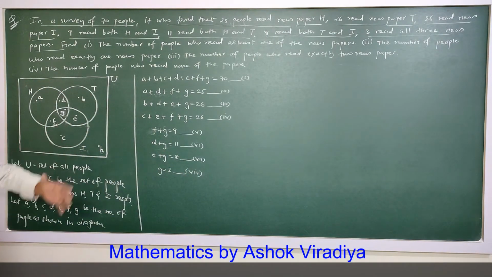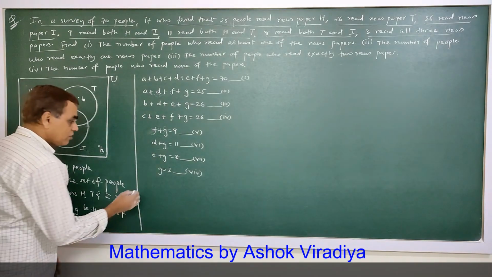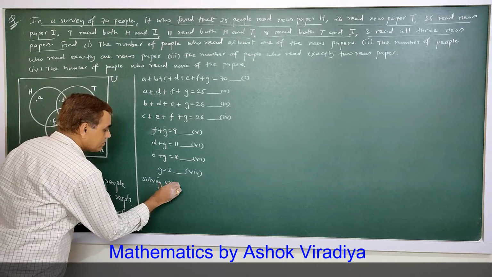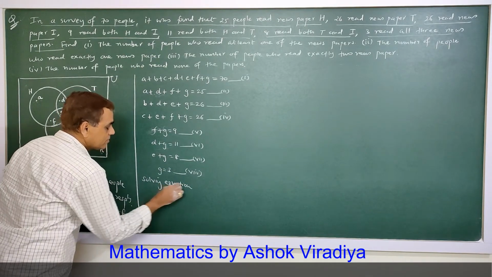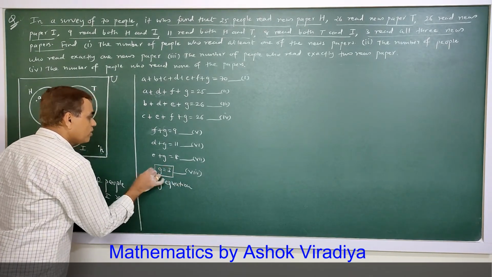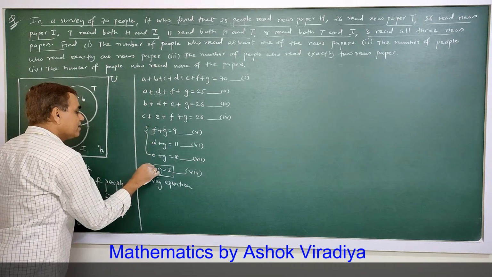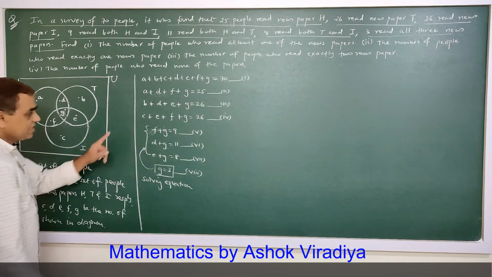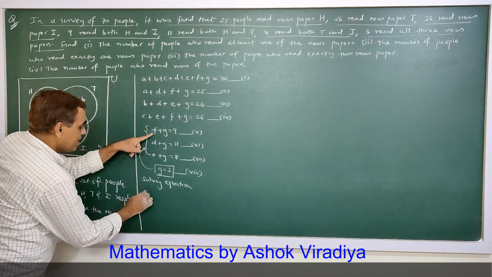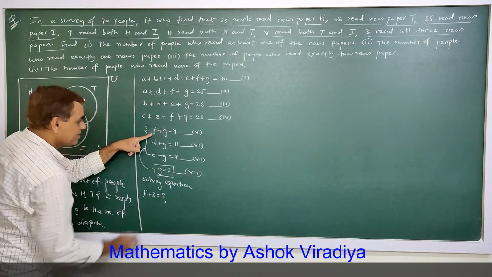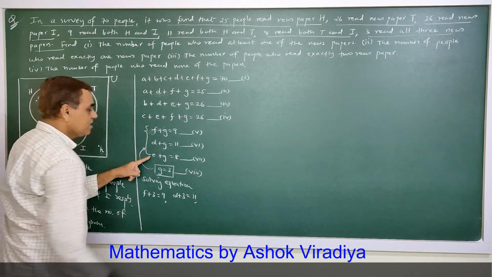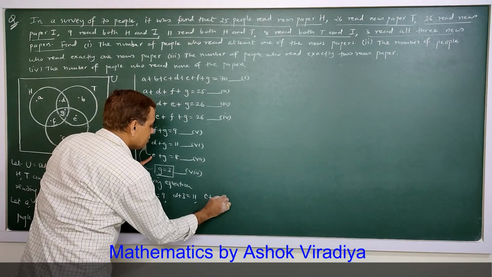Now we solve these equations. Putting this value in these equations, F plus 3 is 9, D plus 3 is 11, E plus 3 is 8.